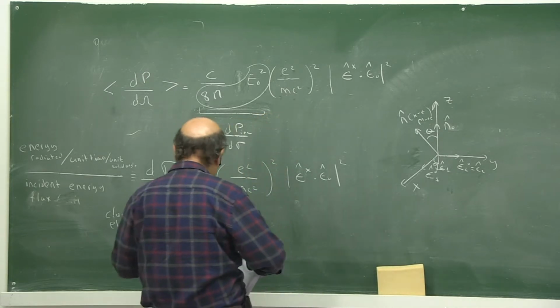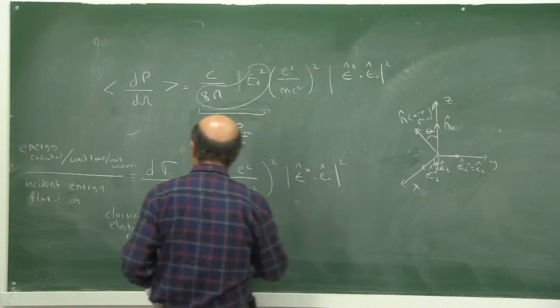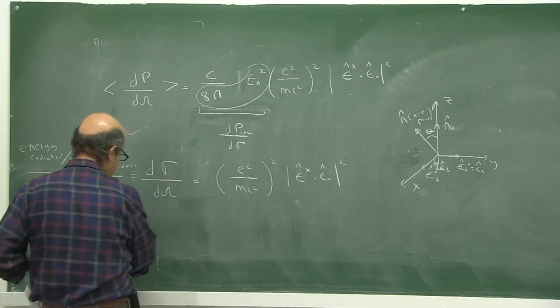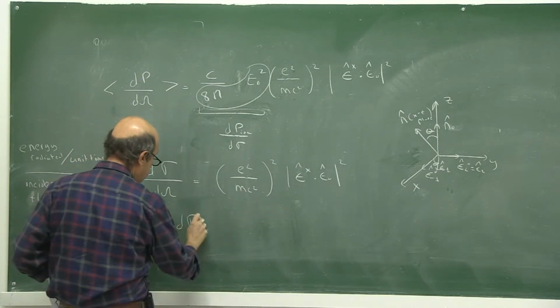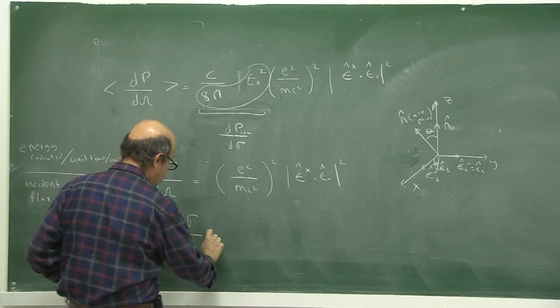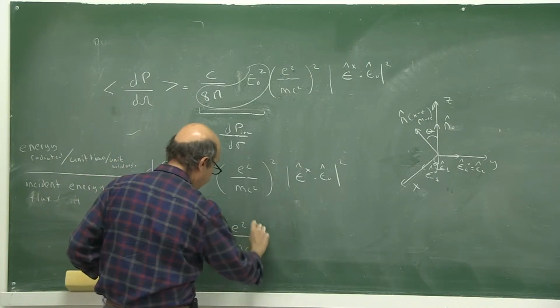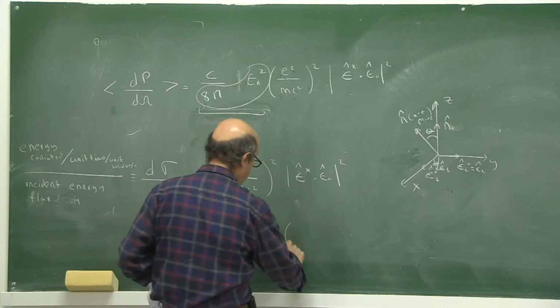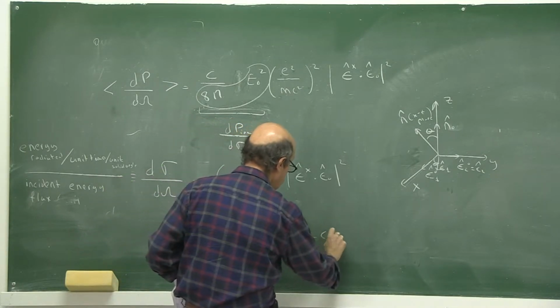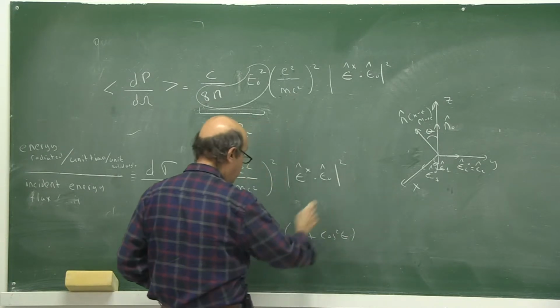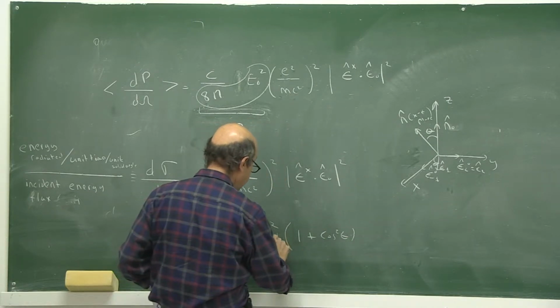So the bottom line is the following. The scattering cross section per solid angle, look at the lecture notes we did several weeks ago, will be proportional to 1 plus cosine square theta. Each of the polarizations has the weight 1 over 2.